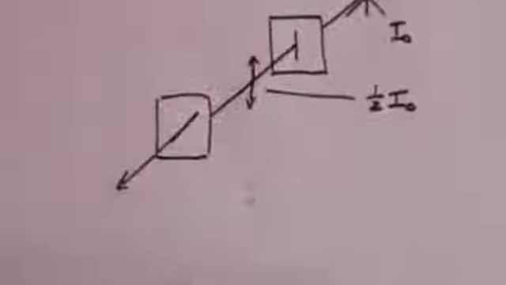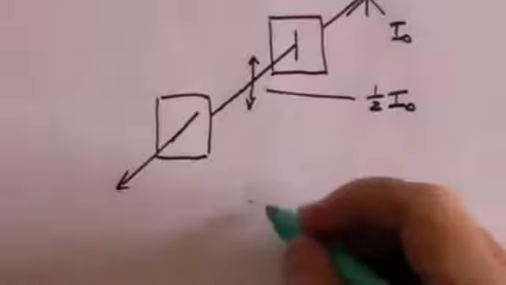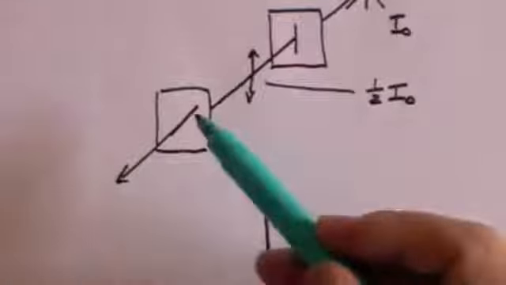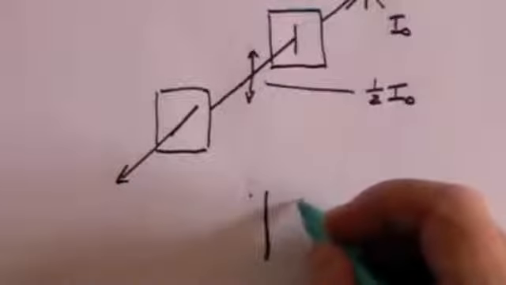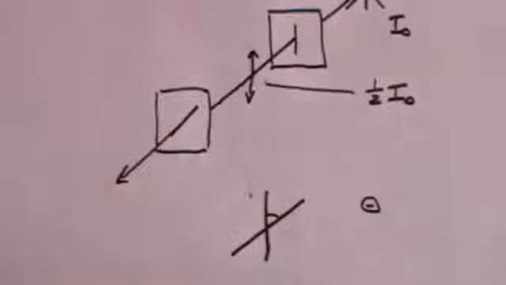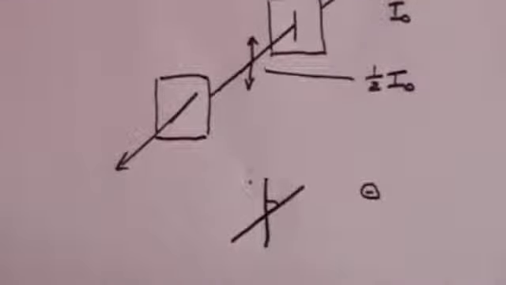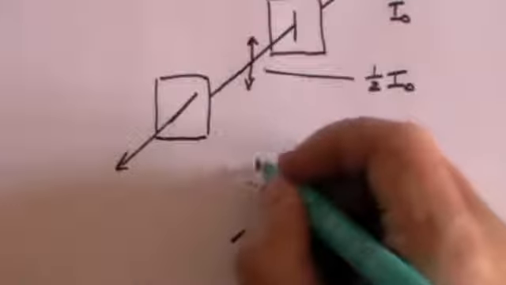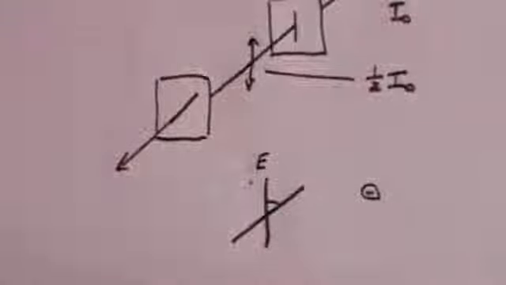Well, the same argument applies. You've got light that is coming vertically polarized, that's this light here, and it's hitting a polarizer which is at an angle theta. I said it was 45 degrees, but let's just keep it general for the moment. What is the component of that E field on the polarizer? Remember the E field is oscillating now only in the vertical direction.